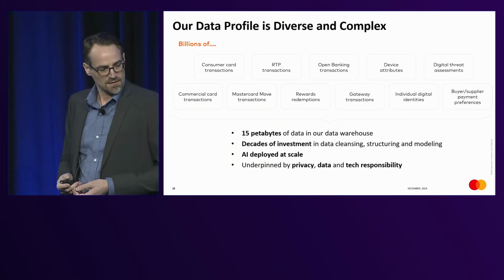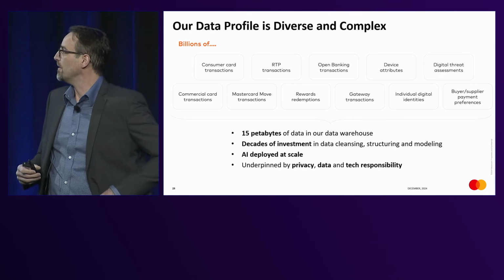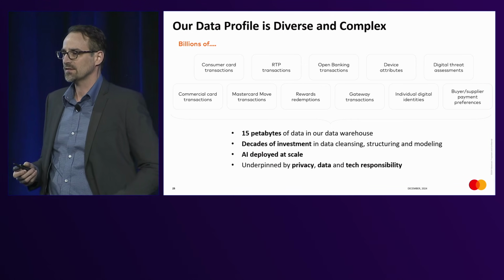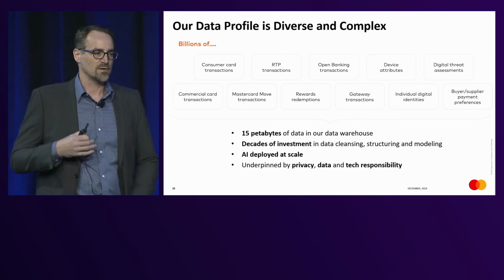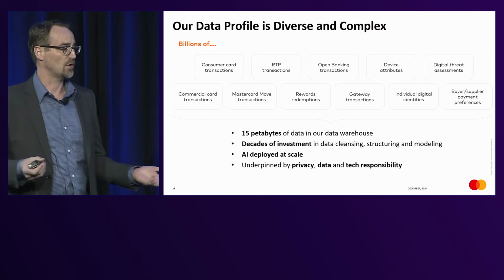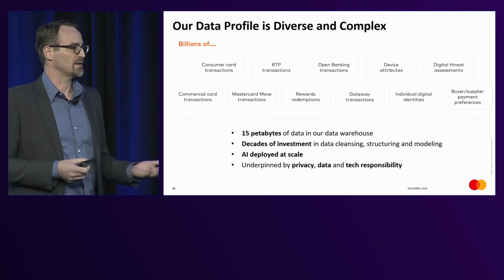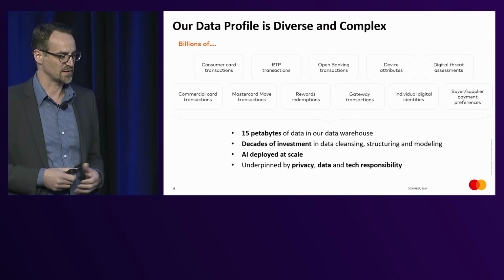And we do that by using a large, diverse, and complex data set. So we can understand if the patterns that are happening on our network are normal or if they're out of whack, and we need to stop something.